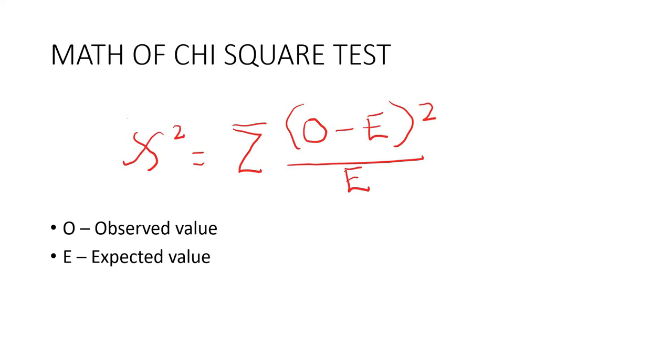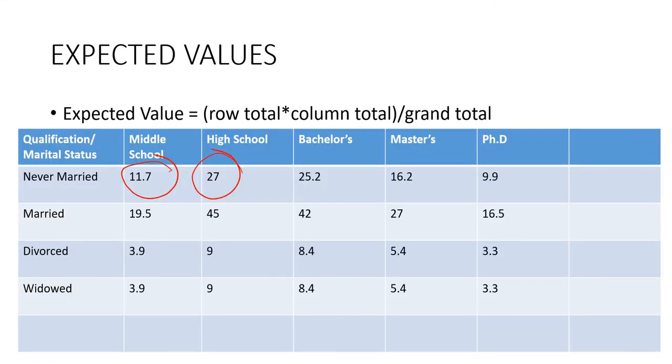Now, the mathematics of the chi-square test. This is the Greek letter chi. Chi-square is equal to sigma, summation of (O minus E) the whole square, divided by E. Here O is the observed value and E is the expected value. We have all the values: the observed values we got from the observed table, and the expected values we got from this table.